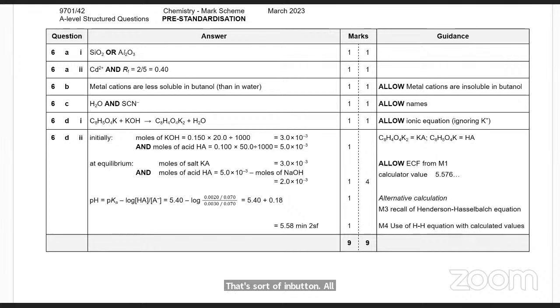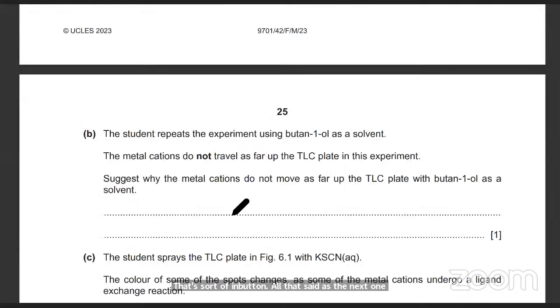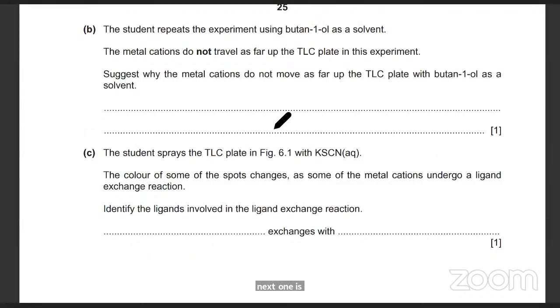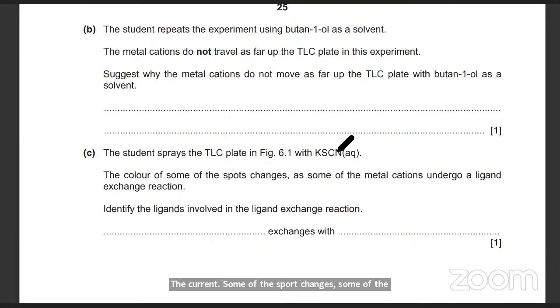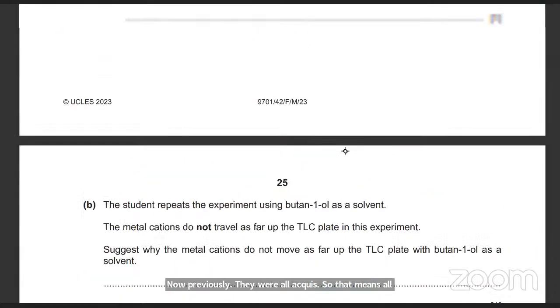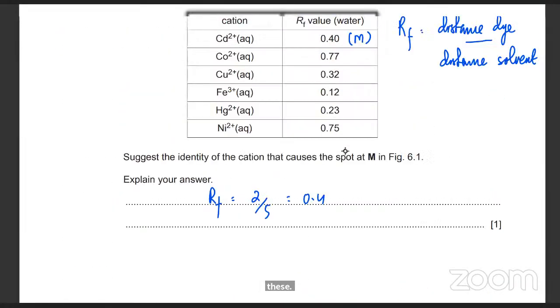Next one is students spot the TLC plate with KSCN. The color of some of the spots changes as some of the metal ions undergo a ligand exchange reaction. So what is the ligand in this case? Now previously they were all aqueous, like copper 2 plus.